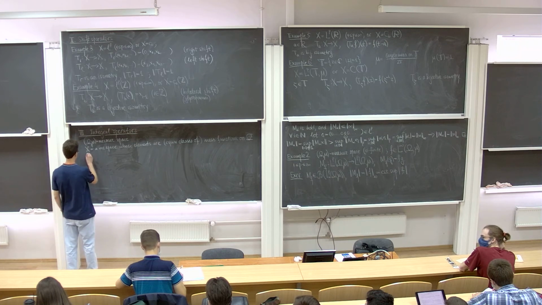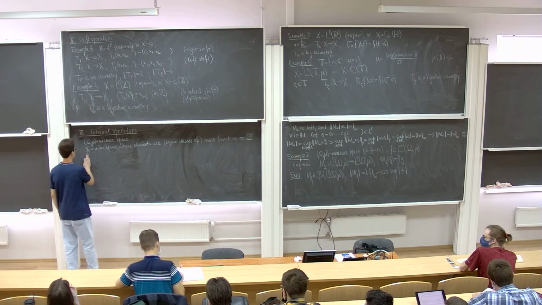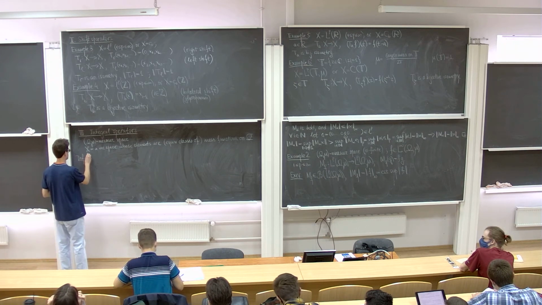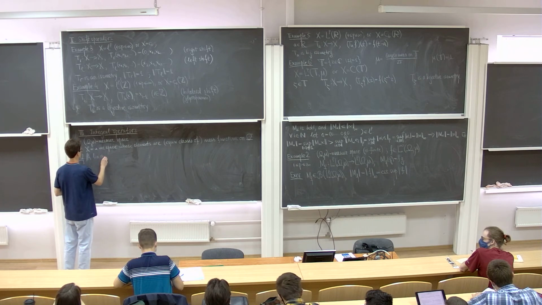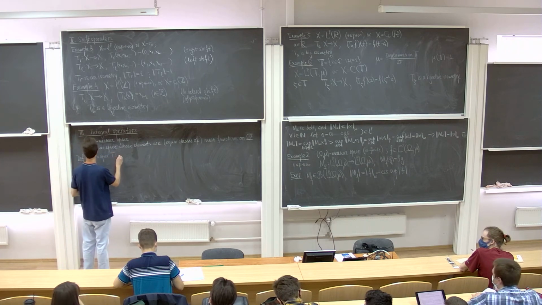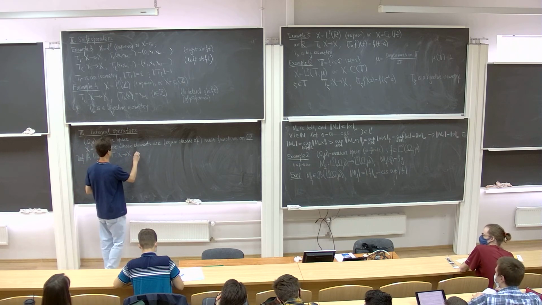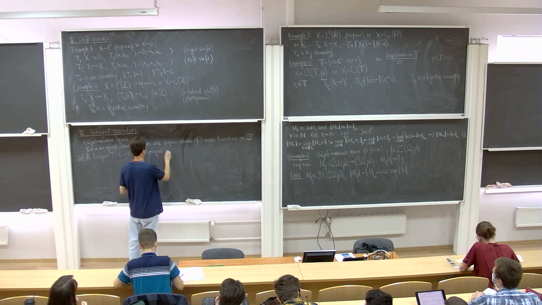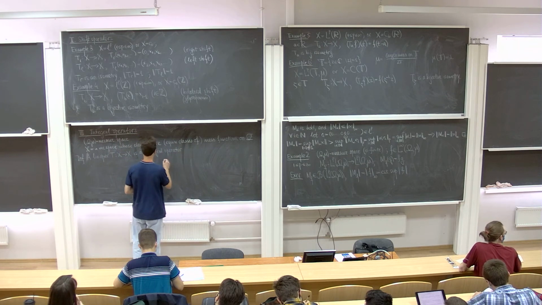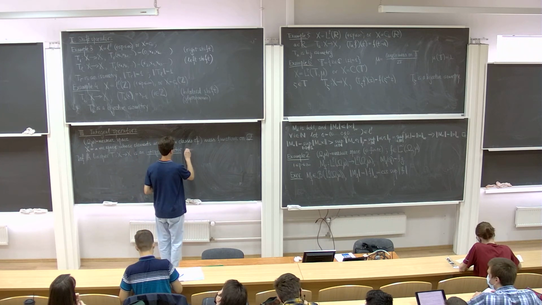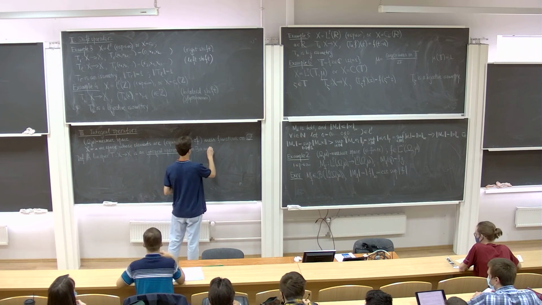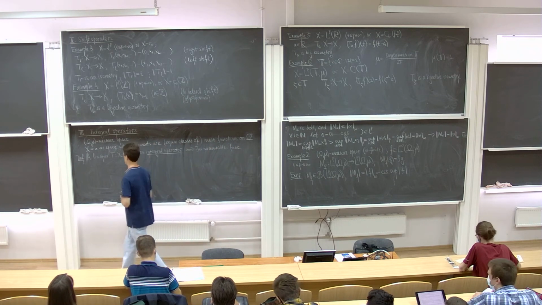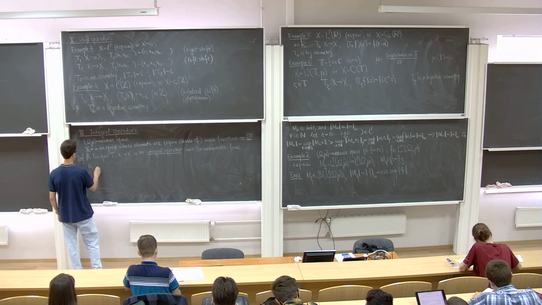Suppose now that T is a linear operator on X. By definition, we say that a linear operator T from X to itself is an integral operator if there exists a measurable function K defined on the product omega cross omega.